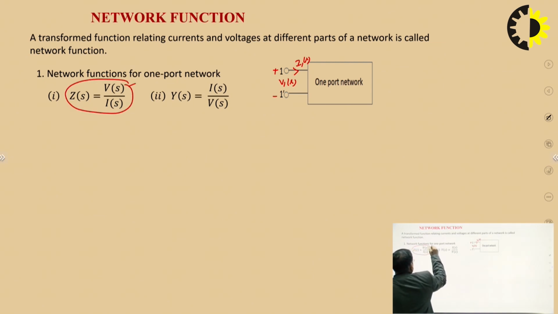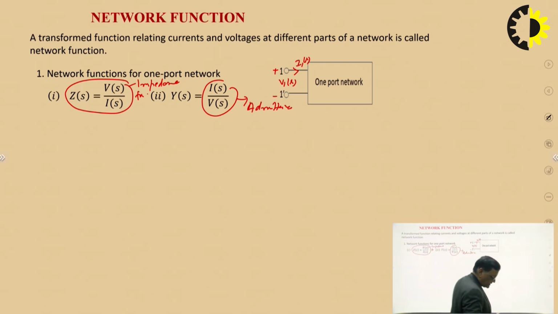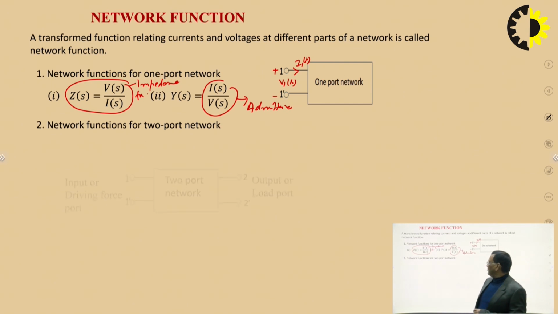Basically it is the impedance function. And Y(s) is I(s) upon V(s). This is the admittance function. So for a one port network, there are two network functions, Z(s) and Y(s), and they are defined in this way.